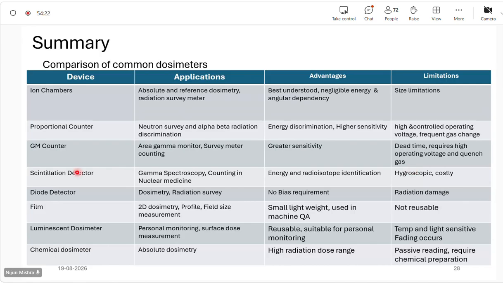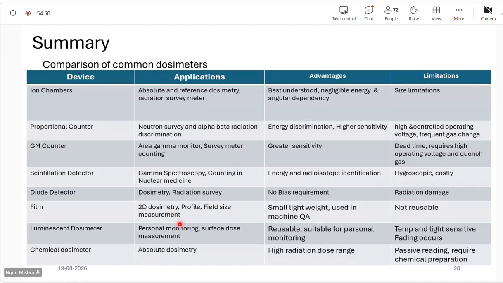Similarly, the scintillation detector is mainly used in gamma spectroscopy and counting in nuclear medicine. Advantages are energy and radioisotope identification, and limitations are that it is hygroscopic and costly. Diode detectors are mainly used in dosimetry and radiation survey. They need no bias, but radiation damage can easily occur. Film is used for 2D dosimetry, profile, field size measurement, and spoke test.